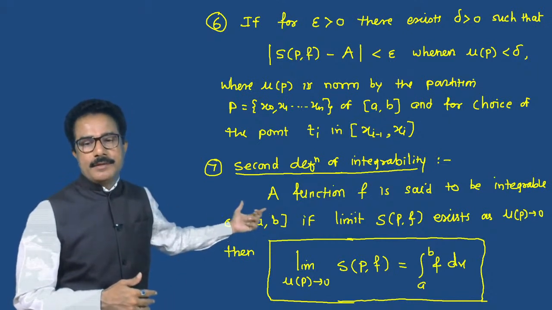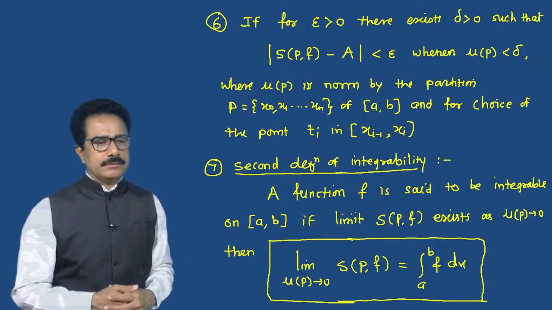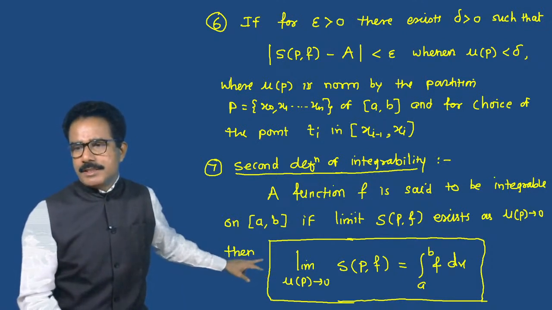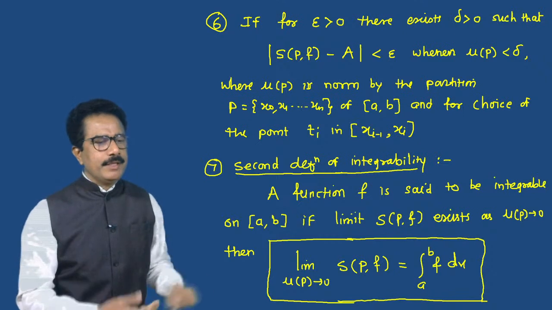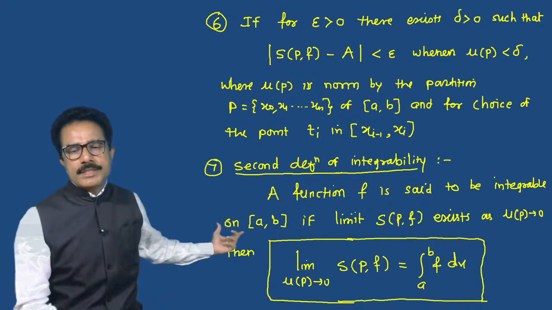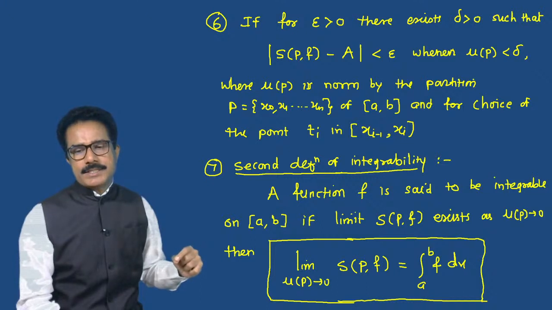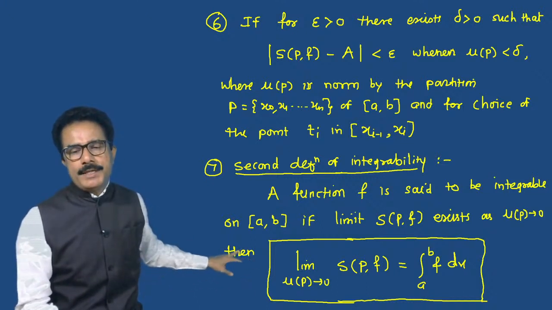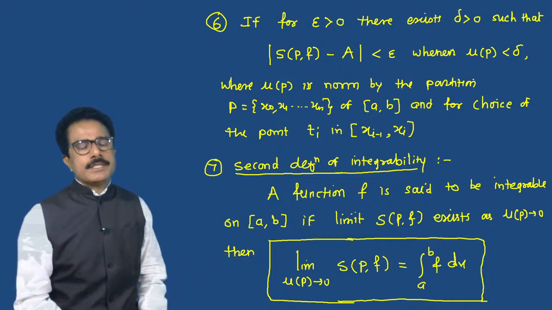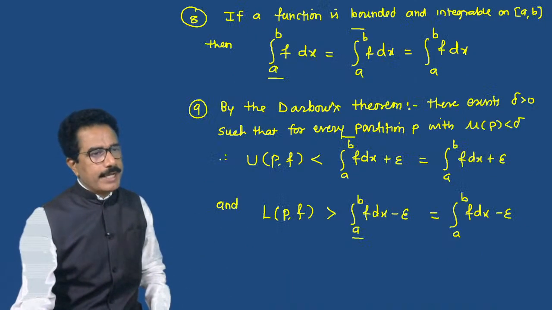So this is the second definition of integrability, which depends on the Riemann sum. This is a very important definition. A function f is said to be integrable on the closed interval a b if the limit of S of p comma f exists as mu of p tends to 0, then the limit as mu of p tends to 0 of S of p comma f equals the integral from a to b of f dx.